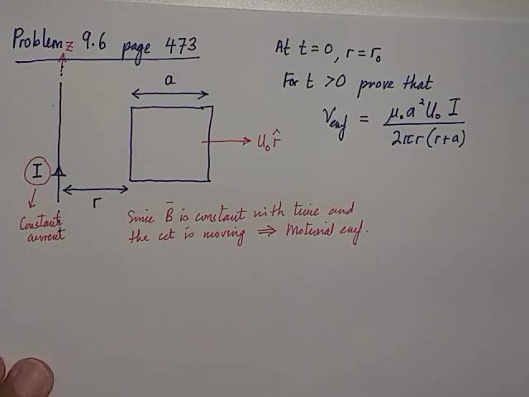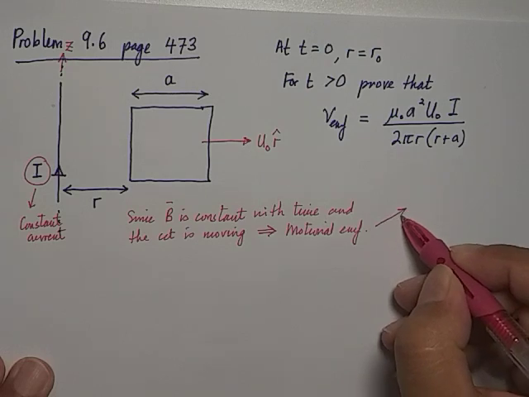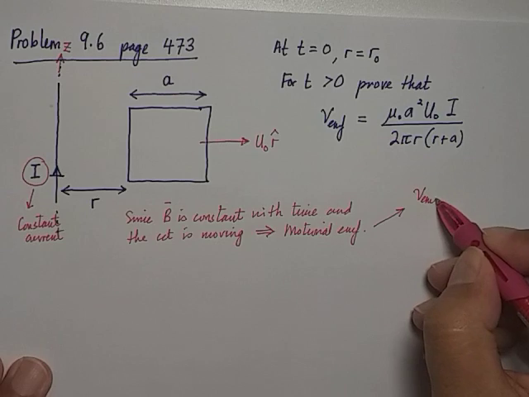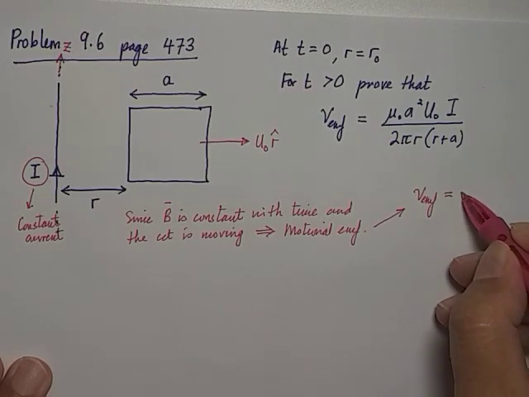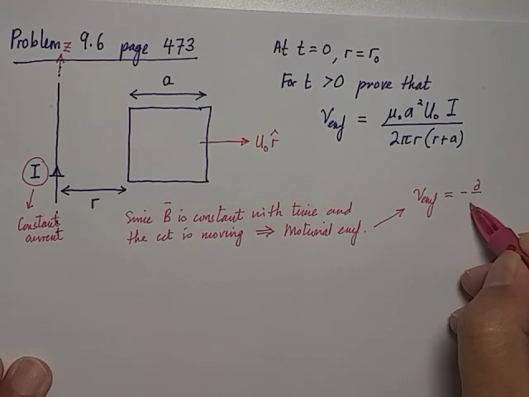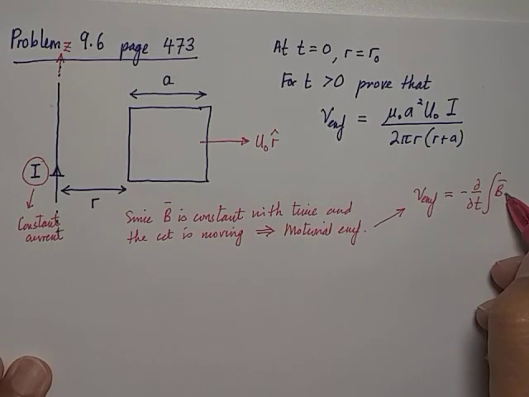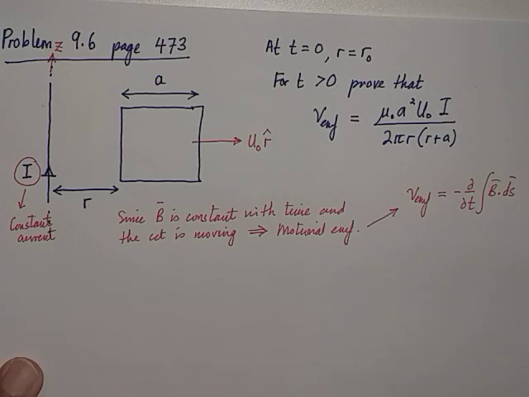Yes, two sets of equations. Let's list them. The first equation we can use is V_EMF equal to, we have to do the integration first, B dot dS, and then differentiate in order to get the solution. That is our first set of equation.